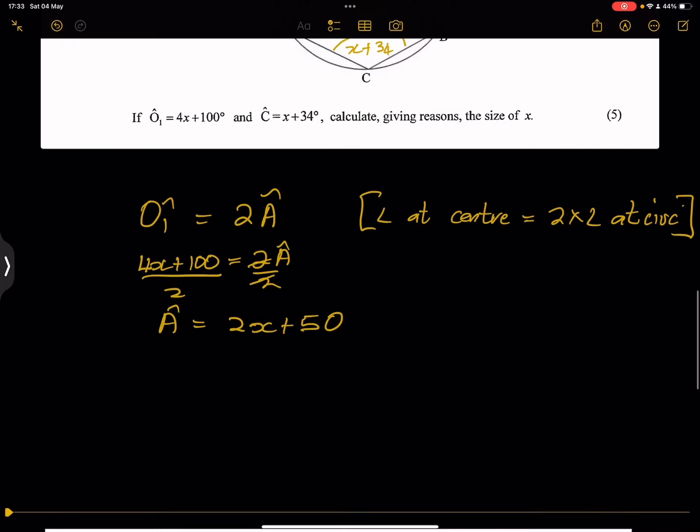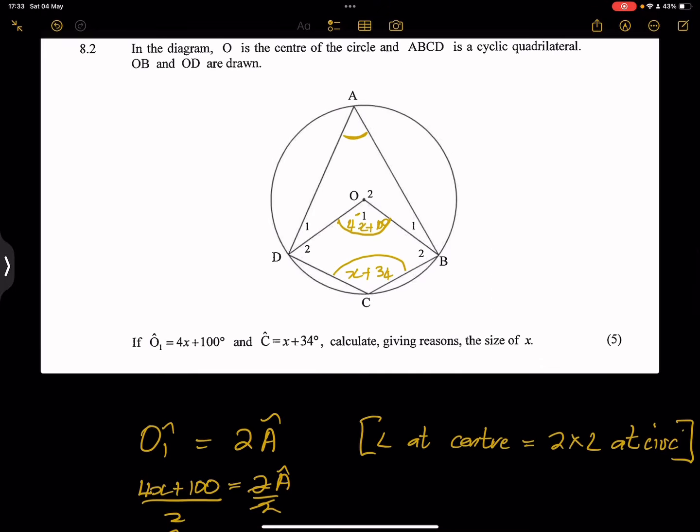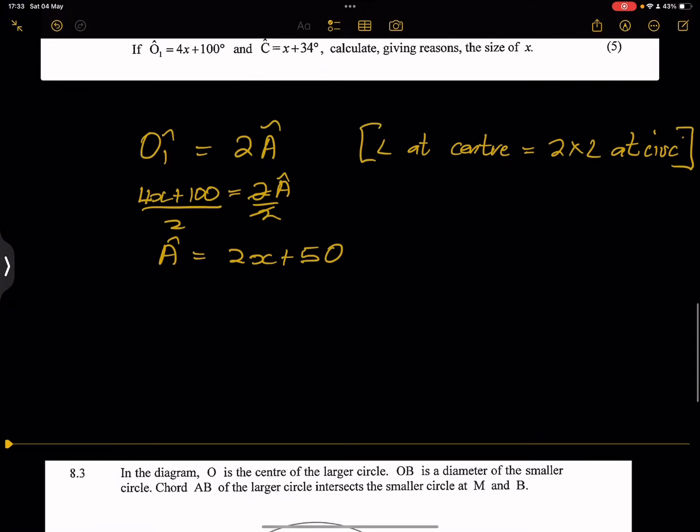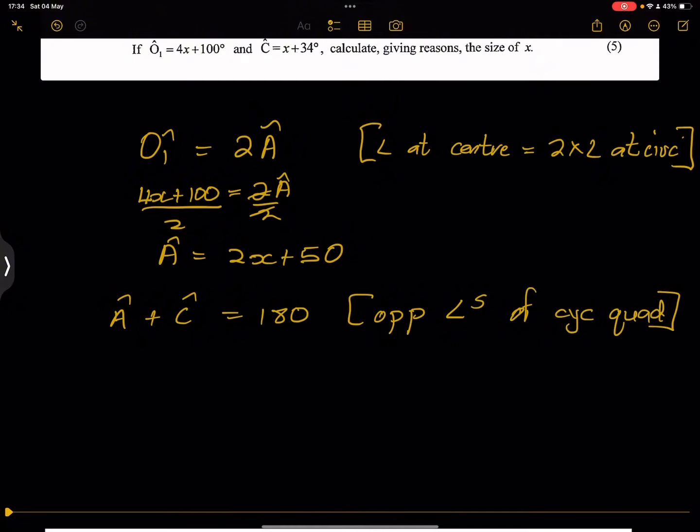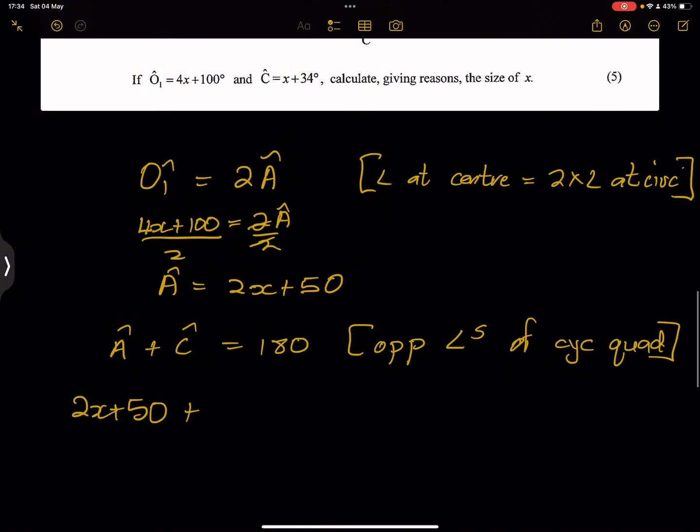But I want you to note, angle A plus angle C are equal to 180. Those are opposite angles of a cyclic quad. Okay, so now we know the size of angle A, that's 2x plus 50. Angle C is given as x plus 34.